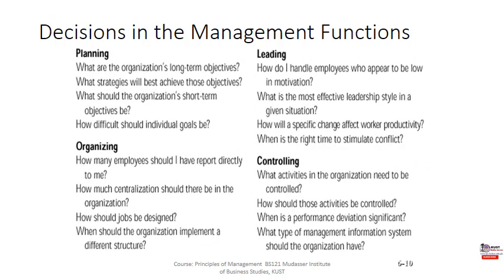As we discussed earlier, decision making is one of the important management activities. We see the management functions being supported by decision making, or we can say that decision making is an important activity in all the management functions, such as planning, organizing, leading, controlling.